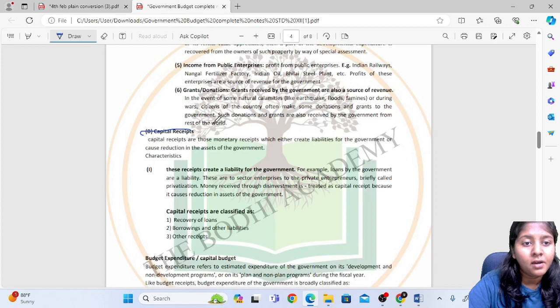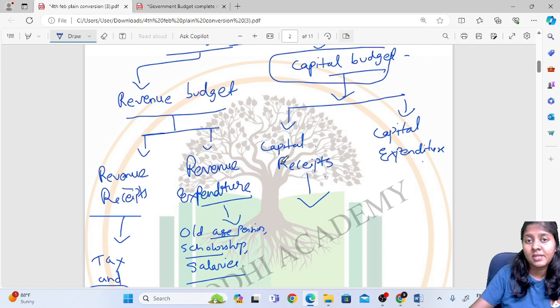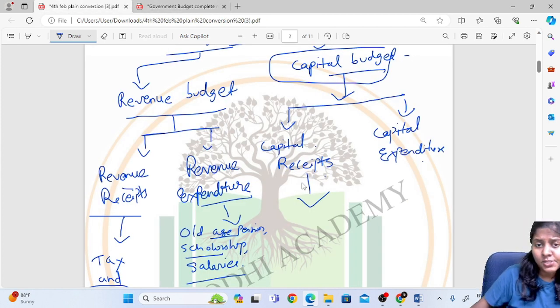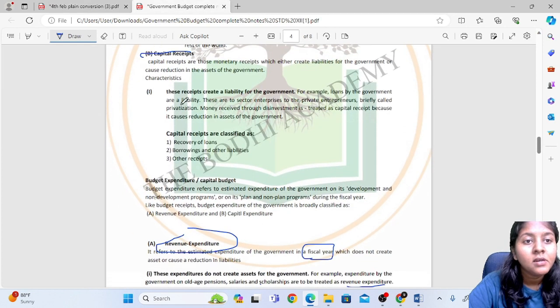Capital receipts are those monetary receipts which create a liability for the government. Especially, we can say, they are borrowings of the government. Since it creates a liability for the government, it causes a reduction in the asset of the government.